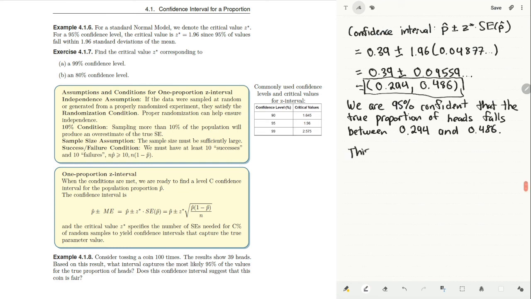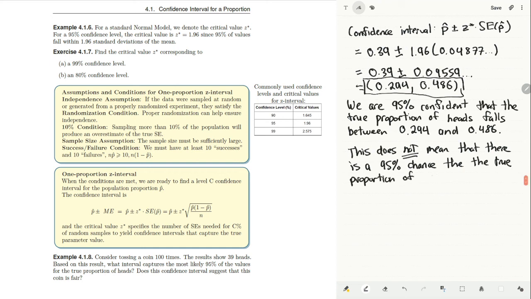Now, this does not mean that there is a 95% chance that the true proportion of heads is between 0.294 and 0.486.